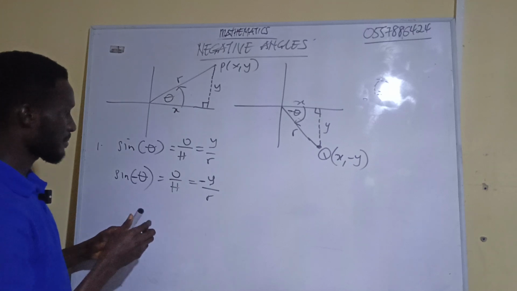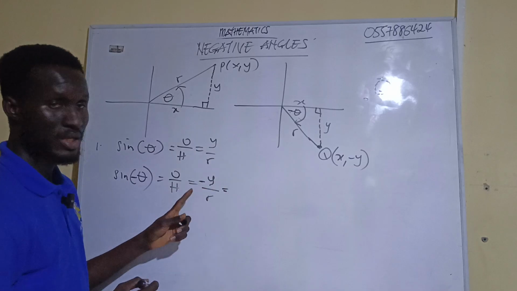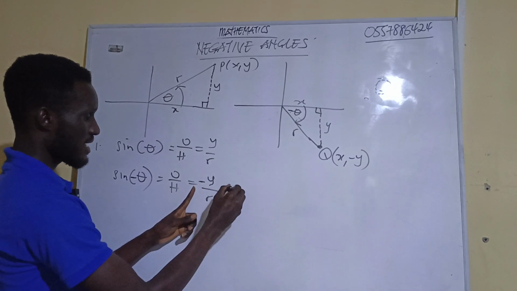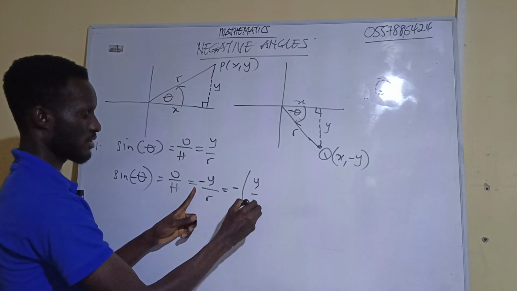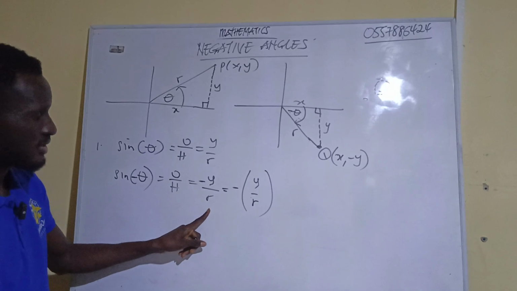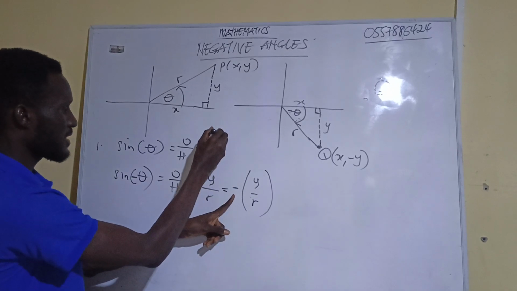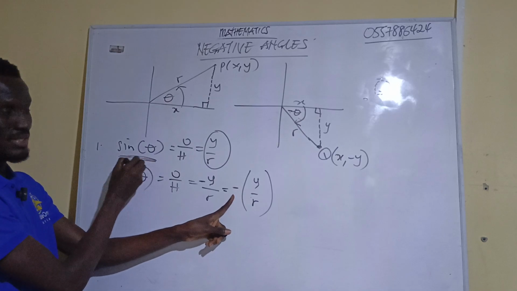Now, how can I find sine of negative theta? Look at something here. Let me substitute this one into this one. Don't forget that this one is the same as negative of y over r. Now, what is y over r? Y over r is sine theta.